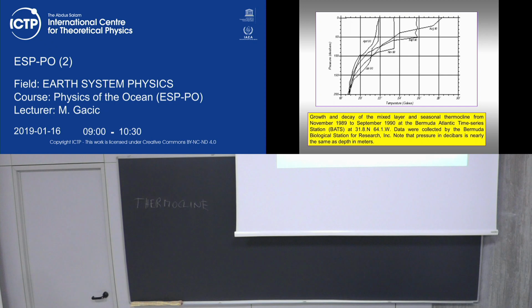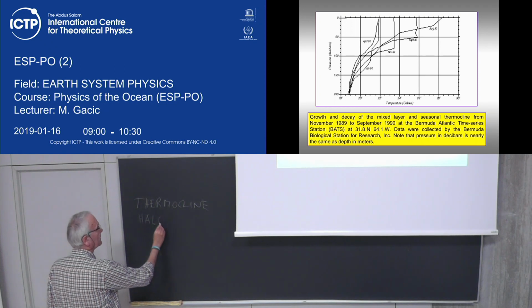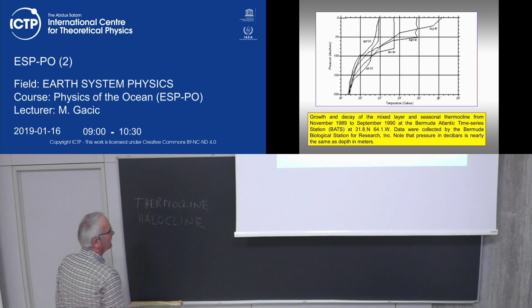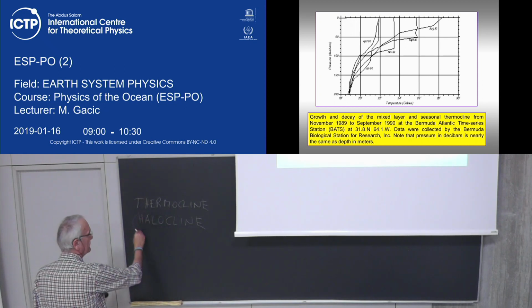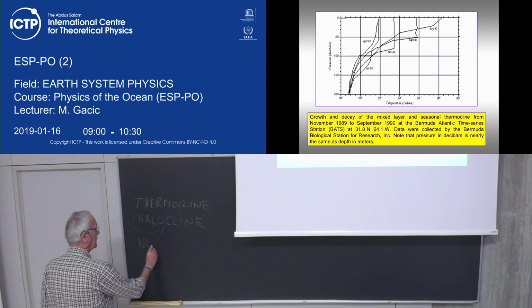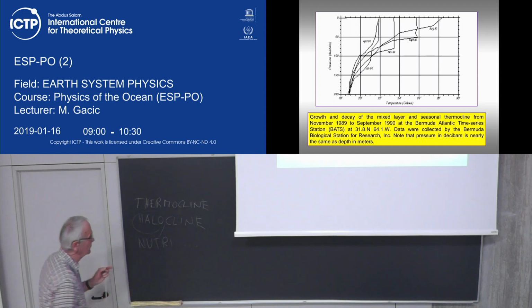We have the equivalent for the vertical gradient of salinity, which is the halocline. That means a strong vertical gradient of salinity. We have a nutricline, which means a strong vertical gradient of nutrients.